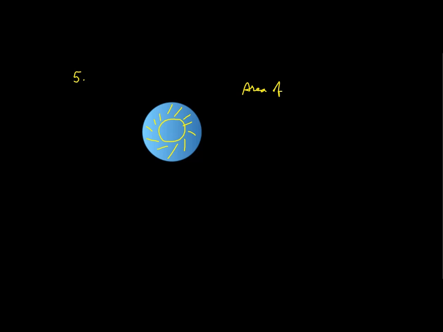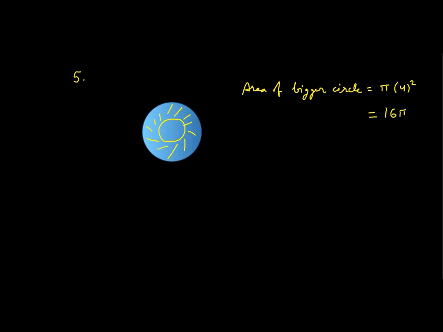Area of bigger circle is pi into 4 square. The radius was given as 4, so we are taking this as pi into 4 square, area of the bigger circle. This comes out to be 16 pi.